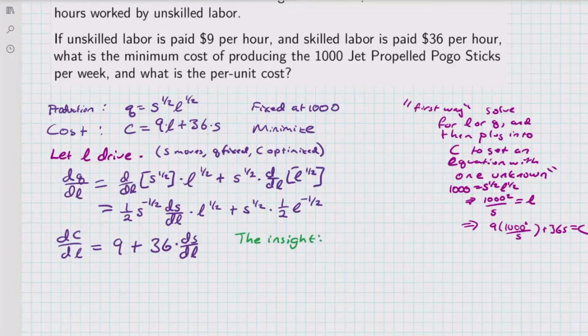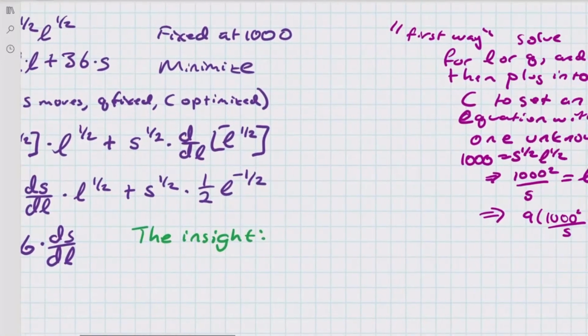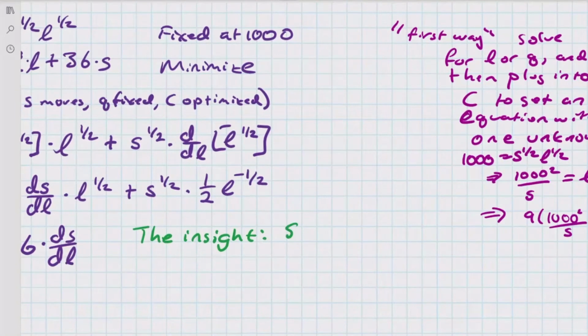Here's the big insight. Since Q is fixed, dQ over dL equals what?